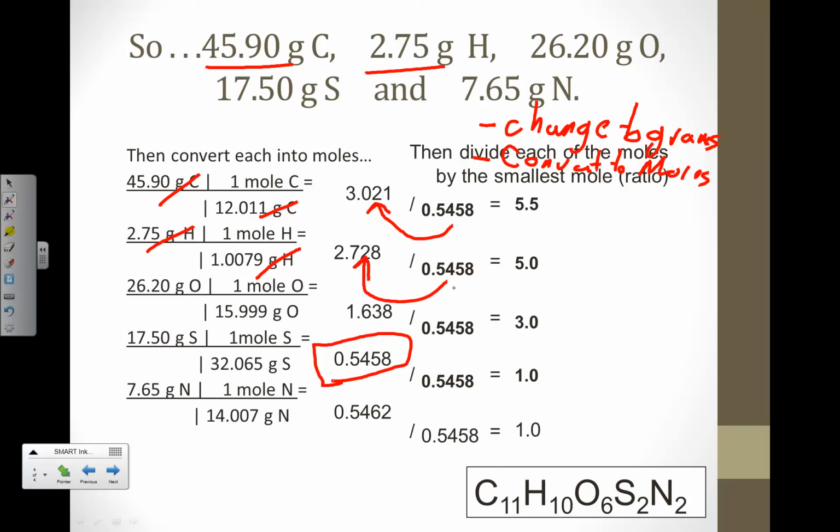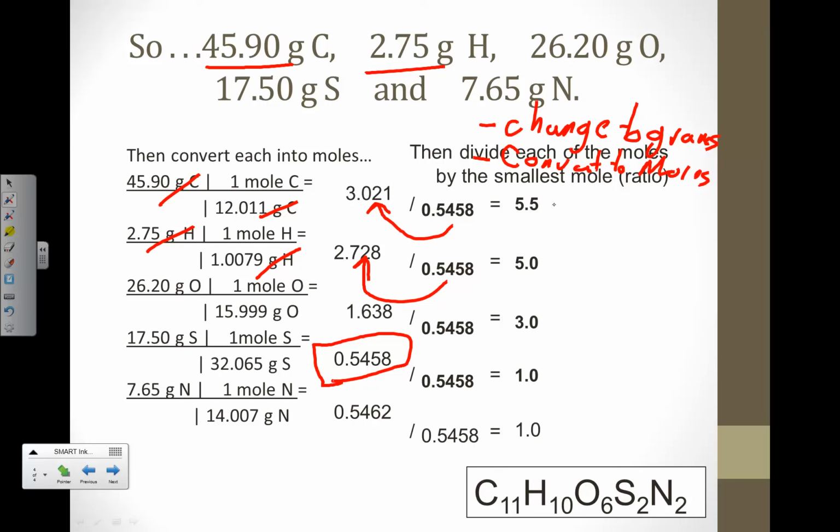Ideally we want it to come out to be a whole number, like 5.0, that is wonderful. But since they all do not come out that way, we have this little decimal up here. This is when part of the song applies: multiply it until it's whole.